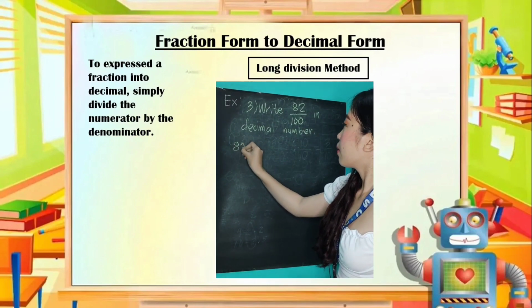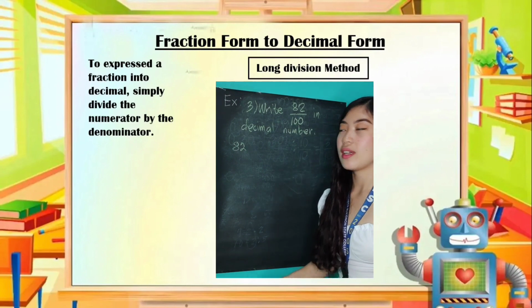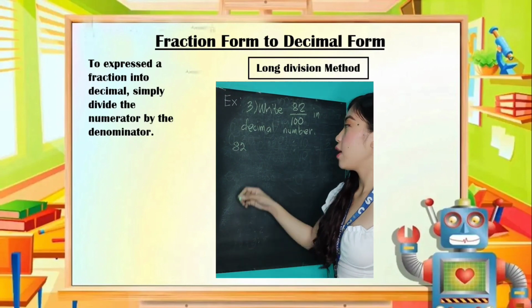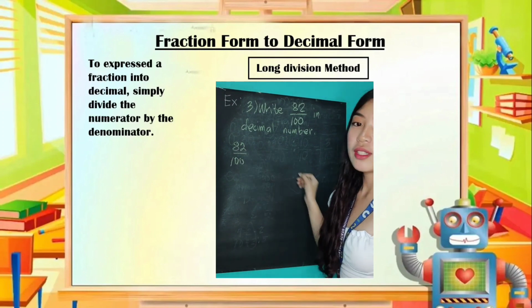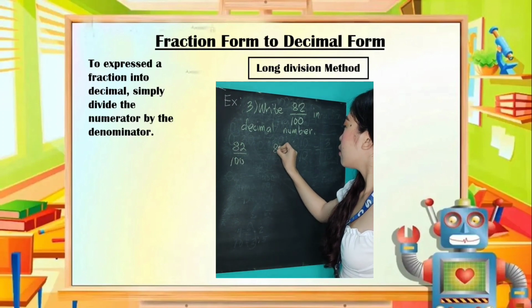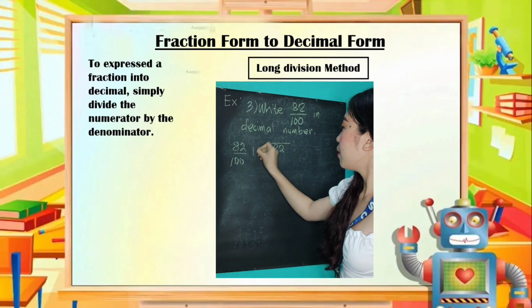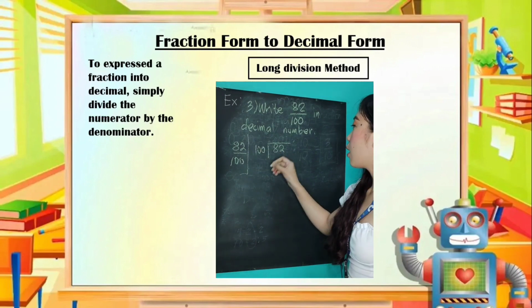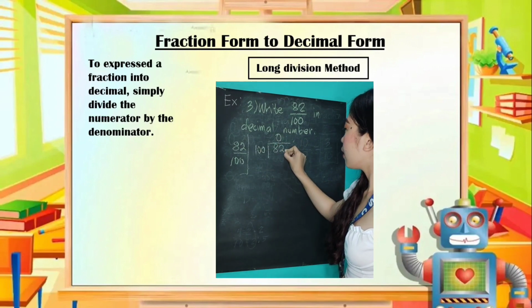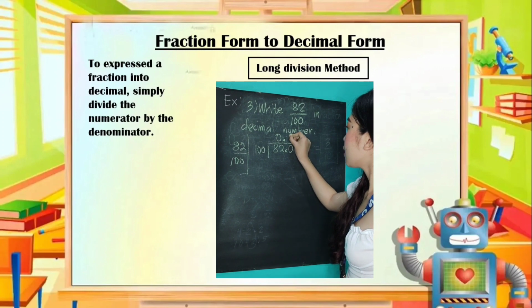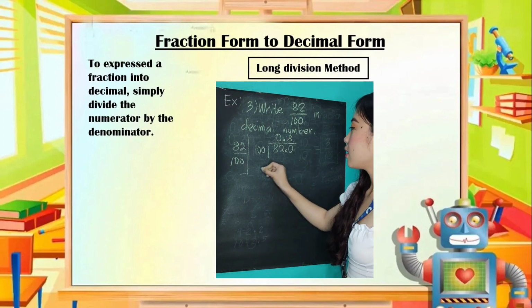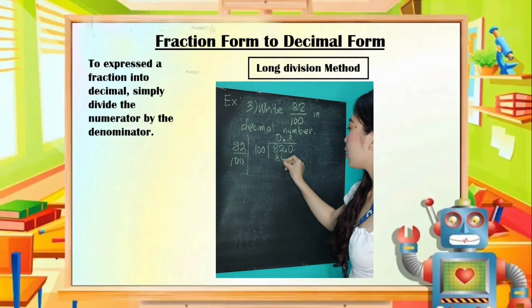Okay, so now let's proceed to number 3. Write 82 hundredths in decimal number. So 82 over 100 into decimal. So we're just going to divide the numerator by its denominator. Since it cannot be, we're going to write 0 and then add a decimal and add 0. So 820 divided by 100 is 8. And 8 times 100 is 800.